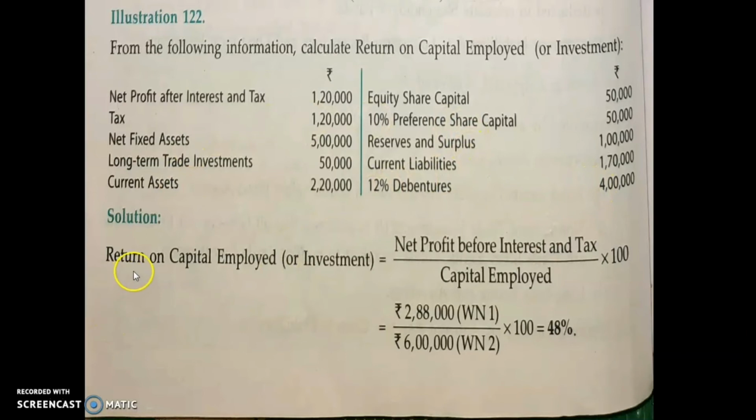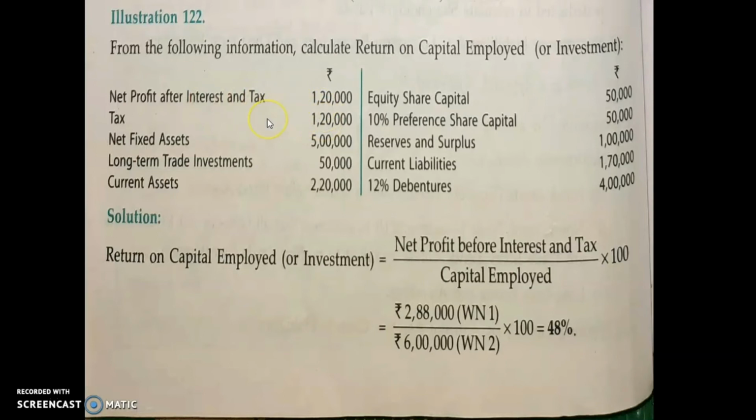First of all, write down the formula. Return on capital employed is equal to net profit before interest and tax divided by capital employed. Children, we will have to move to the working note for calculation of net profit before interest and tax. If you look into the question, net profit after interest and tax amount is given.